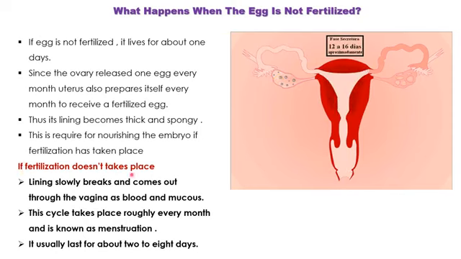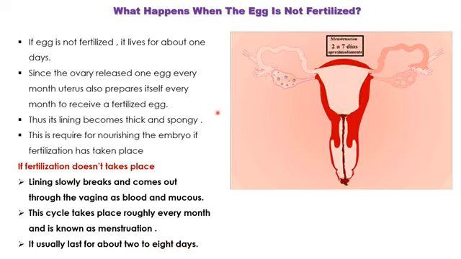If fertilization doesn't take place, the lining slowly breaks and comes out through the vagina as blood and mucus. This cycle takes place roughly every month and is known as menstruation. It usually lasts for about 2 to 8 days. Again, it depends on the individual.